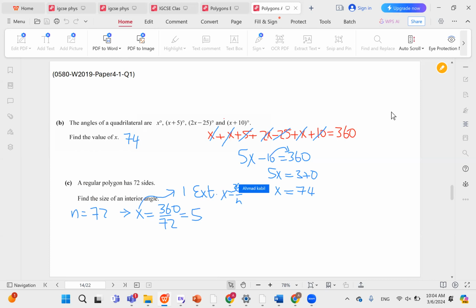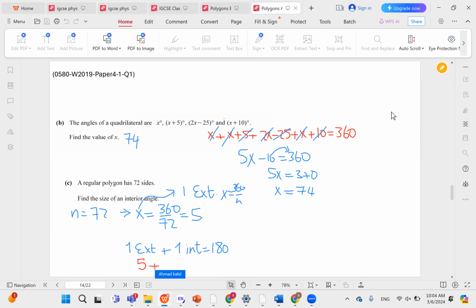It's the same thing. So anyway, now that we have the exterior angle, we should remember the rule that one exterior angle plus one interior angle always gives us 180. So therefore, in order to get the interior angle, we just plug in 5 here.